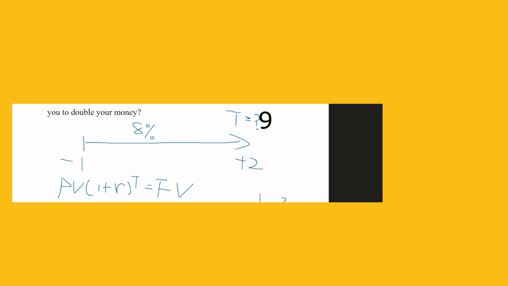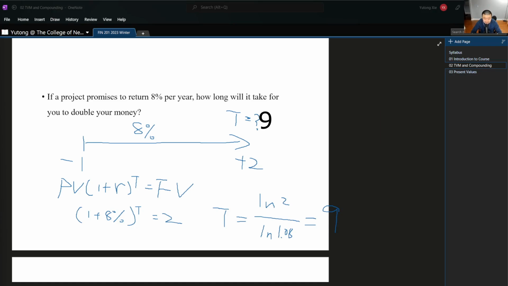If you put these together, $1 times 1 plus 8% raised to the power of 9, you should get $2. So that's basically saying, assuming that you can invest at 8% per year, you should be able to turn $1 today into $2 9 years later.